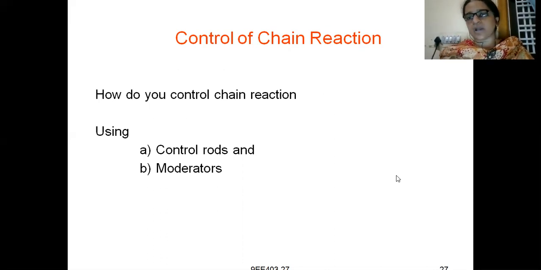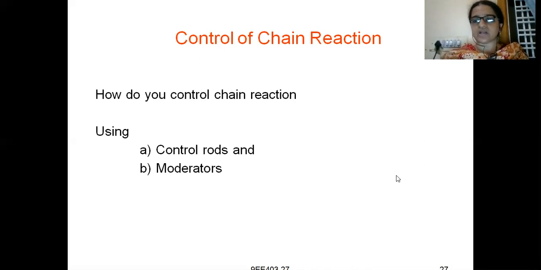So what is the role of control in a chain reaction? How do you control a chain reaction? What all should be done in order to control it? A chain reaction can be controlled using control rods and moderators.